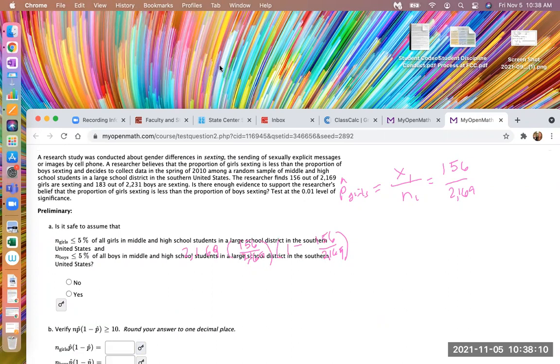The p hat for boys is x2 over n2, which is, where is the boys' information? 183 out of 2,231.